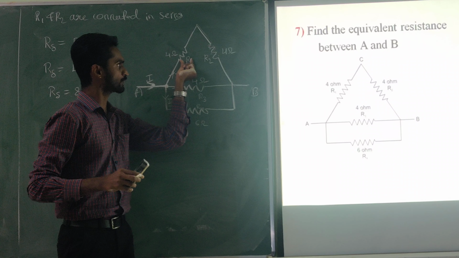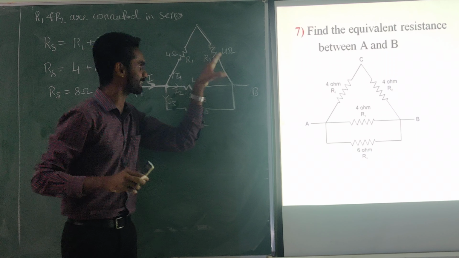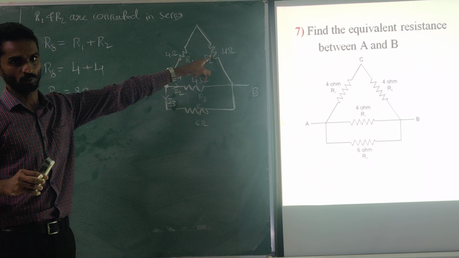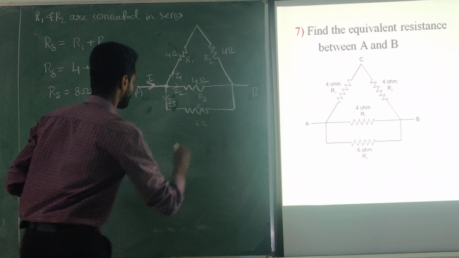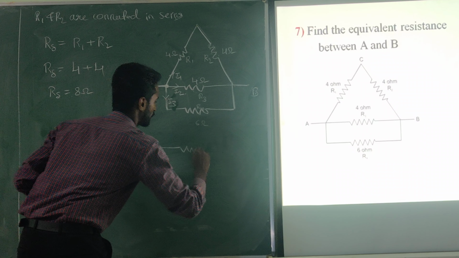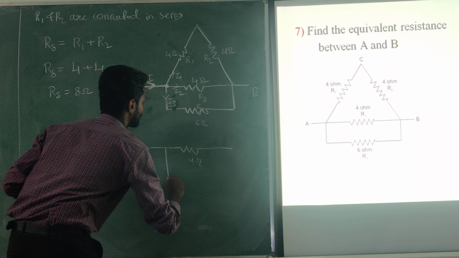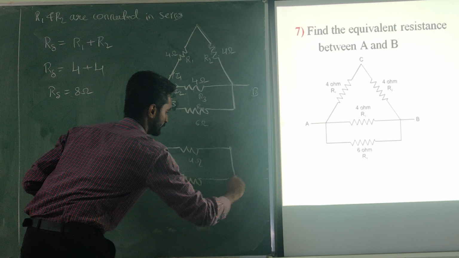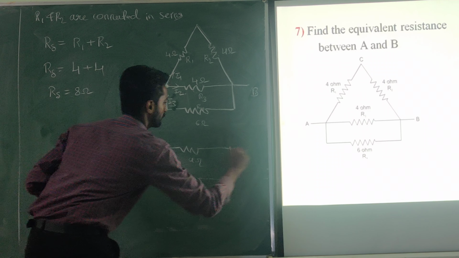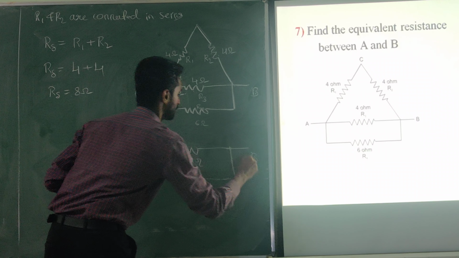Now the combination of R1 and R2 together is 8 ohm. Now I can redraw the circuit diagram. This 4 ohm is not touched, and the one downward is also not touched. So this is as usual 6 ohm, this is A and this is B.